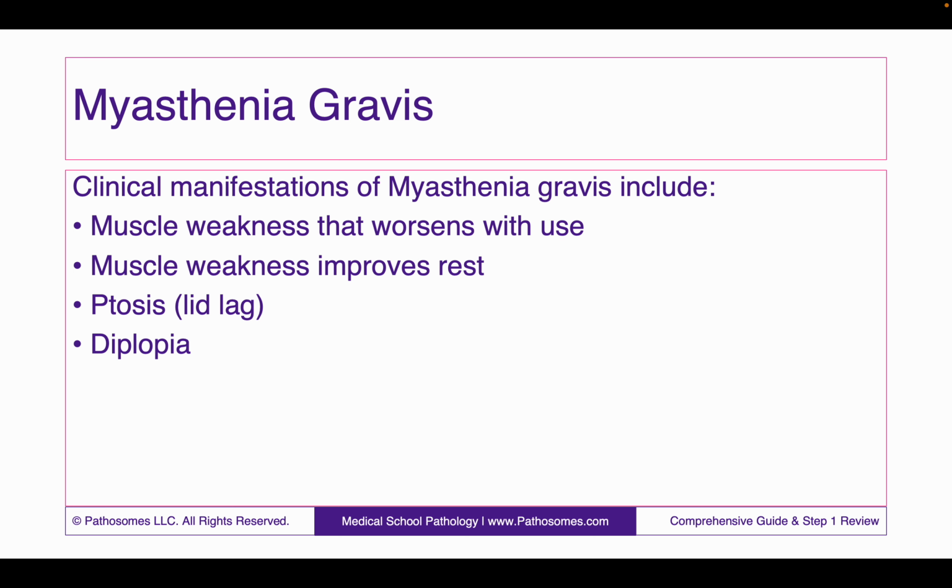Clinical manifestations of myasthenia gravis include muscle weakness that worsens with use, muscle weakness that improves with rest, ptosis or lid lag, and diplopia.